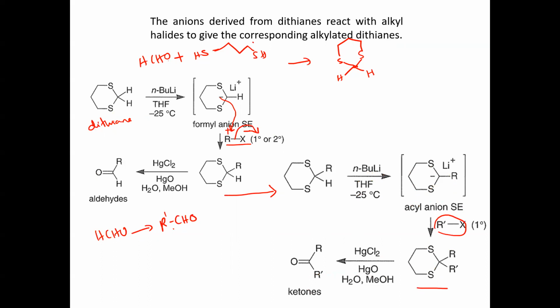For one equivalent of butyl lithium and R dash Br we get this, and if we have formaldehyde with two equivalents of butyl lithium and two equivalents of alkyl bromide, we will get a ketone. So this method can be used for the synthesis of higher aldehydes and ketones from simple aldehydes.